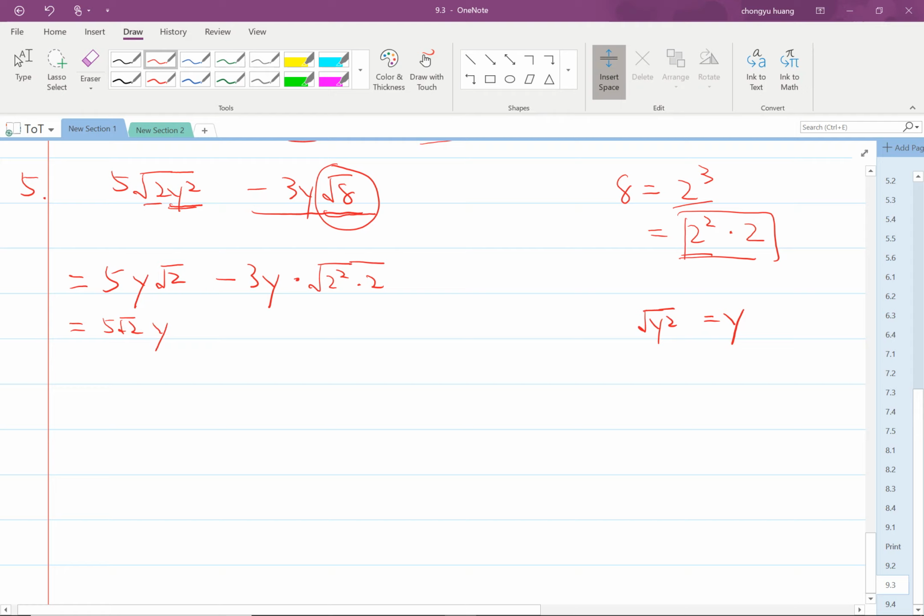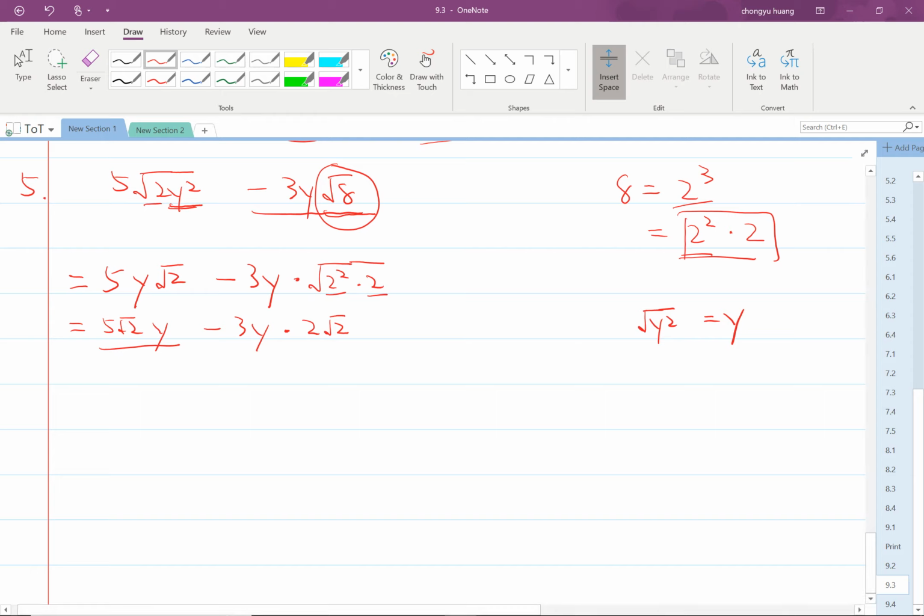So now the first term is 5 square root of 2y. Then we have minus 3y multiplied by the square root. In the square root you can see we have a 2 to the power 2, so you can simply write down 2, and we have another 2 that we cannot do anything with, so you just write down square root of 2.